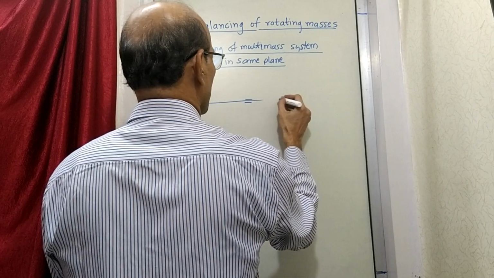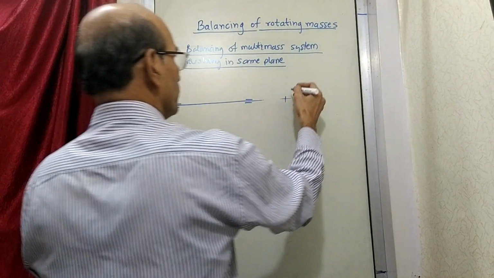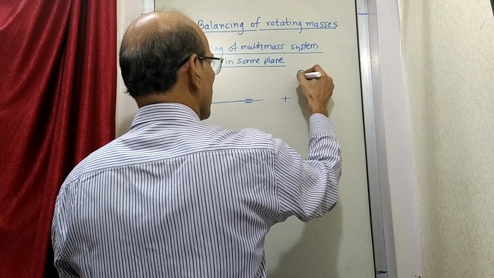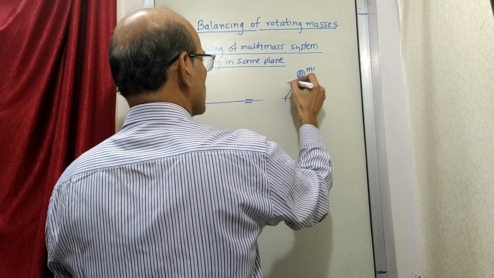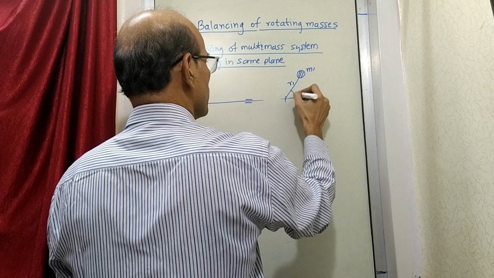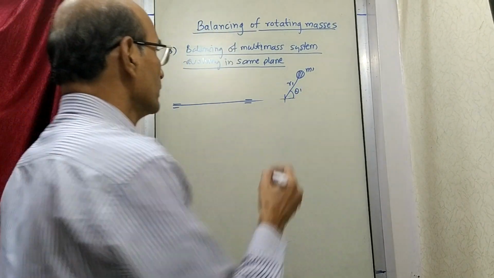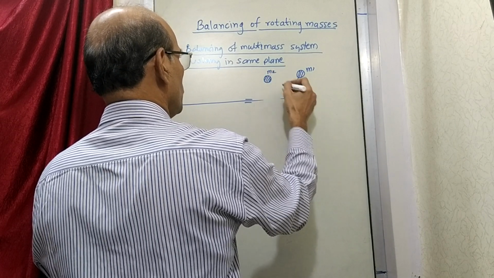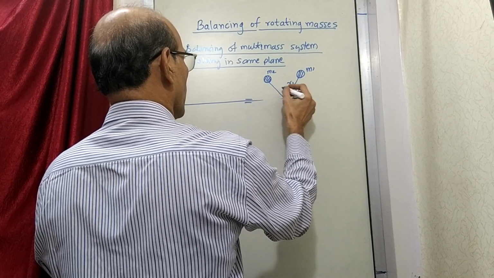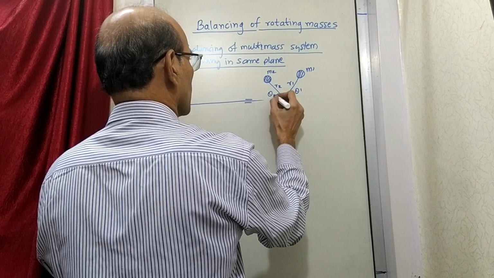So let me draw the side view here. In the side view of this shaft, we are showing that there is one mass here, M1, at a distance of R1, making angle theta 1. One mass is here, M2, at a distance R2, making some angle theta 2.